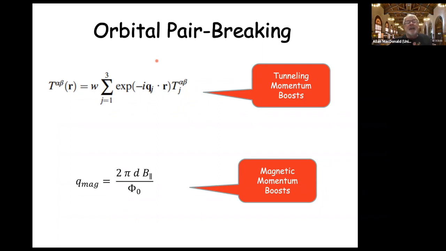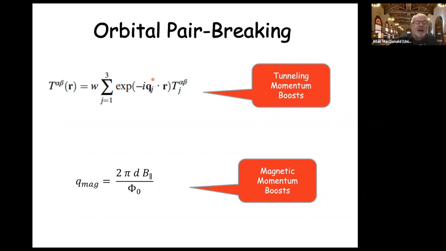And the point I want to emphasize is that if you look at the 2 different valleys, these Qs change sign. And that really just follows from time reversal symmetry. And time reversal symmetry, of course, is very important in superconductivity because it guarantees the degeneracy normally of states that have opposite momentum.